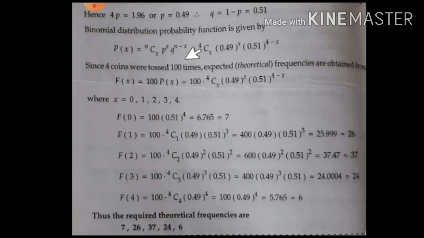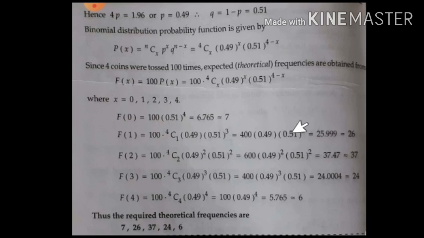So the binomial distribution probability function we get in this way, for 100 frequencies. So theoretically, for 100 frequencies, I can fit a binomial distribution for different values of x, 0 to 4. In this formula, x is consecutively substituted as 0, 1, 2, 3 and 4.